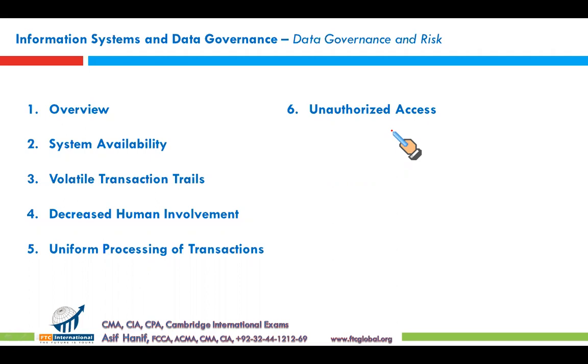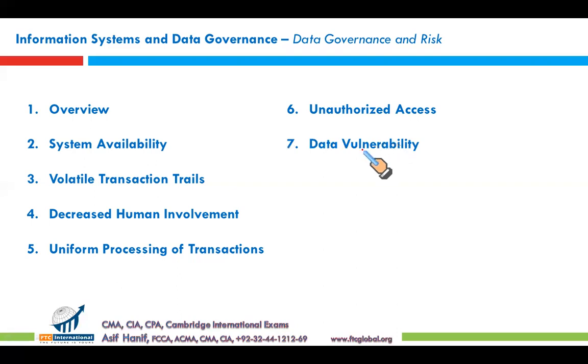But when the data is placed on computer systems, there are more chances of system crash, correct? So there's a risk when this information is contained in IT systems, on IT servers. Somebody from outside, some external agent, might gain access to your servers and your confidential information might be taken away, might be hacked. So this is again a risk of information systems.